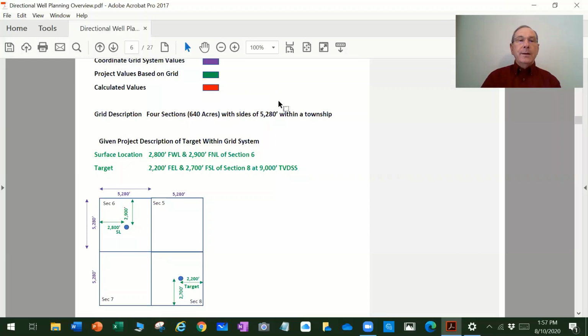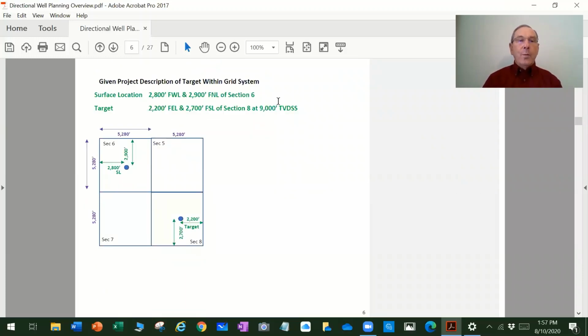So here's an example of a target that was given for a well, which happens to be in the U.S., in which you have township and range. I made up an example with sections of land: section 5, section 6, section 7, section 8.